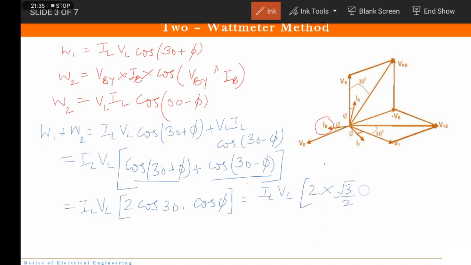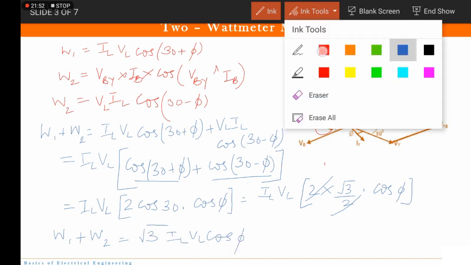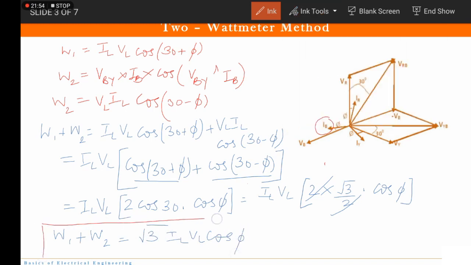Root 3 by 2. Correct? The 2 cancels. So W1 plus W2 is root 3 IL VL cos 5. See, we have derived the equation. It gives you VL IL cos 5.